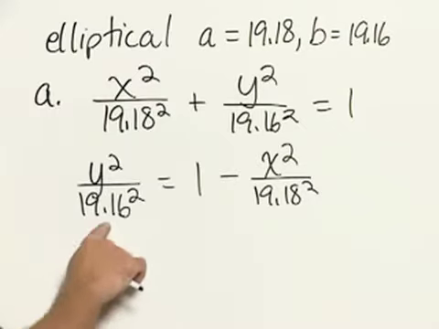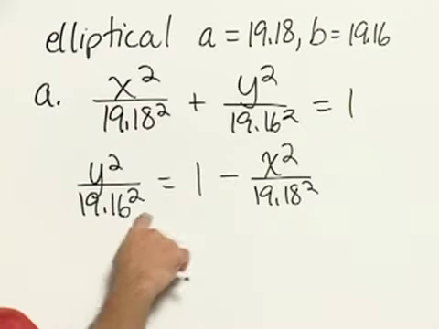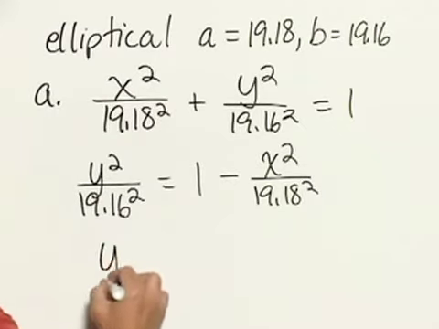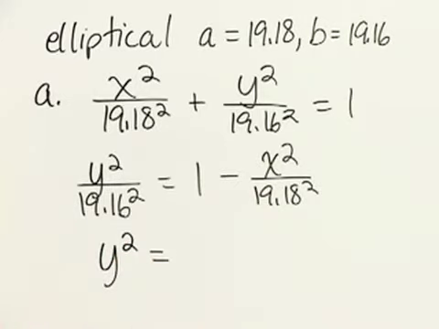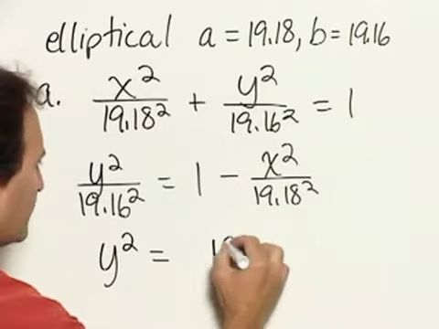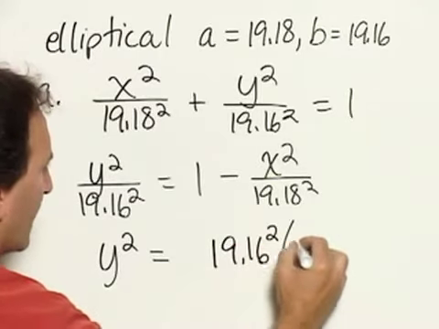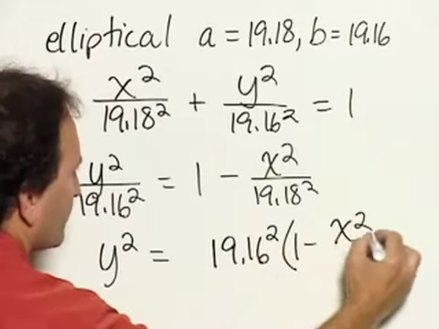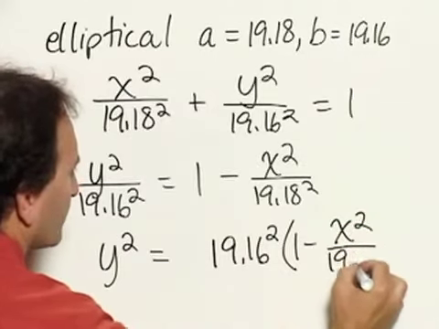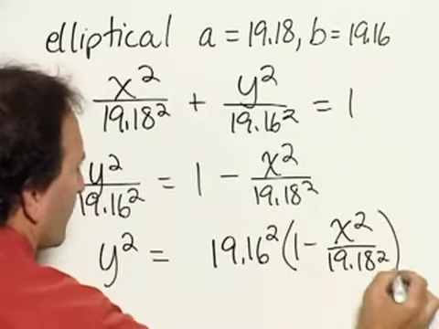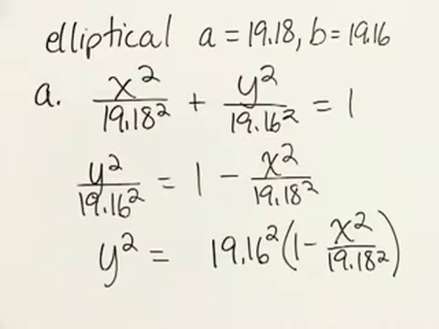Next, we would have to multiply both sides by 19.16 squared. So y squared will be equal to 19.16 squared times, and I'll put it in parentheses, 1 minus x squared over 19.18 squared. Now we would take the square root of both sides.